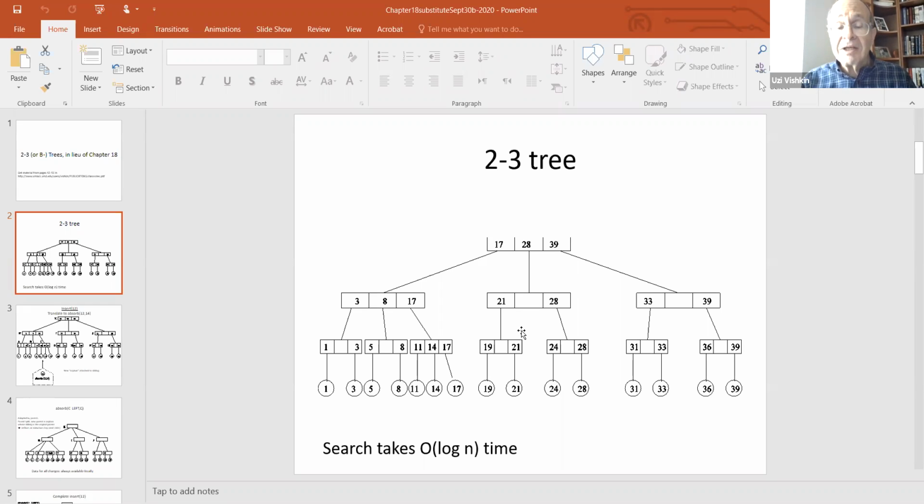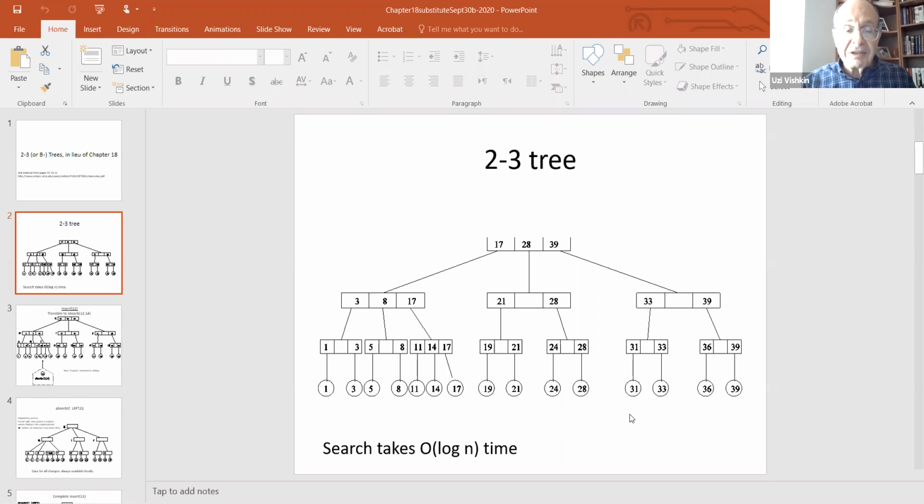Unlike red-black trees, you see in one immediate way that we store original keys only in the leaves, not in internal nodes. Okay. So basically in a 2-3 tree, the set is stored in order, already sorted, in the leaves.